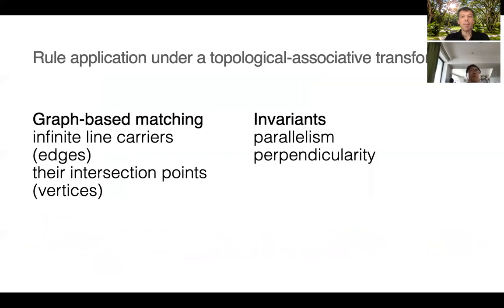Now, the topological-associative transformation is a mouthful. Basically, it's graph-based, and it allows you to match arbitrary polygons onto arbitrary polygons of the same number of sides. So quadrilaterals onto quadrilaterals, triangles onto triangles, etc. Next.